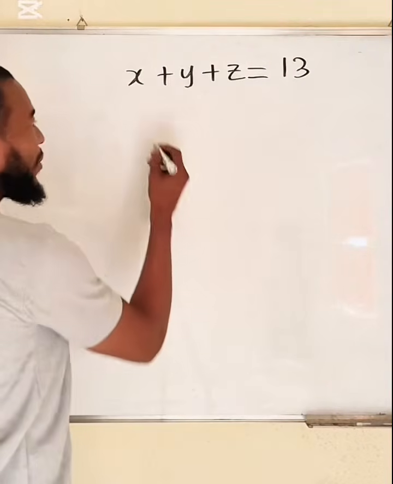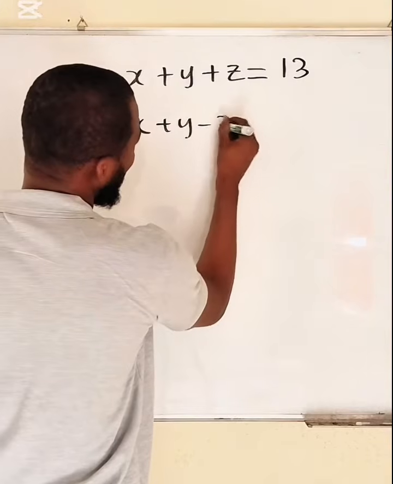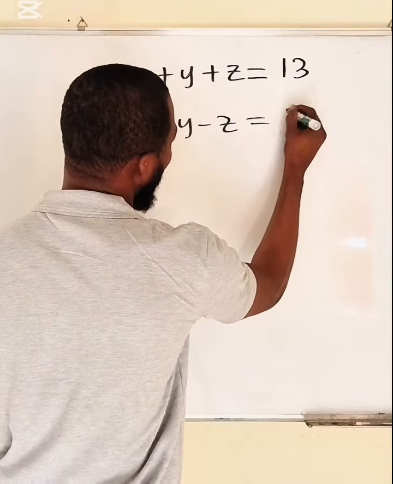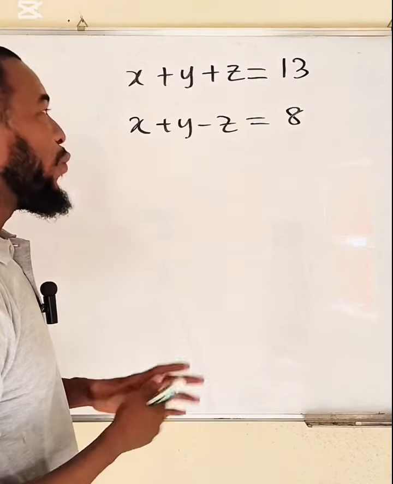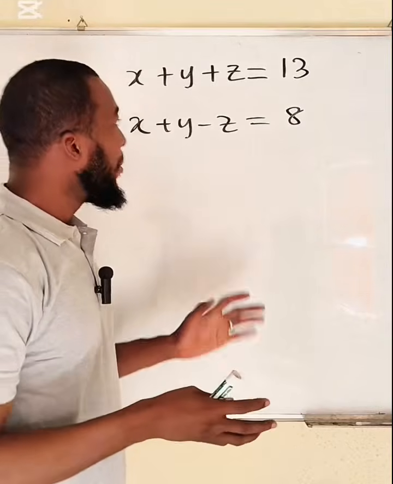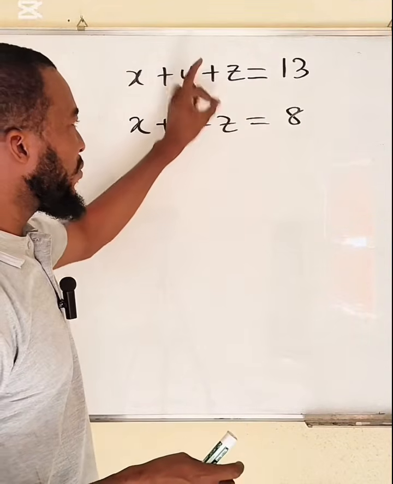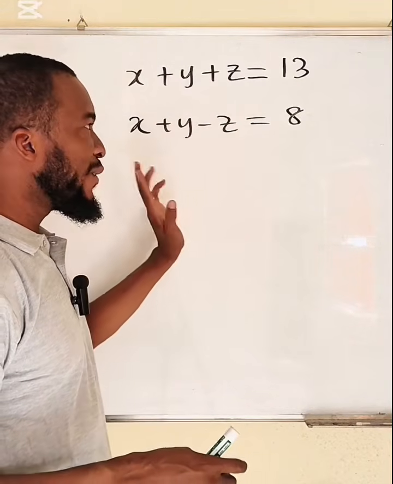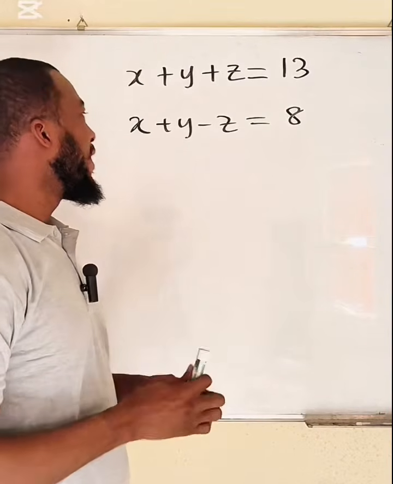But you may see another one like maybe x plus y minus z to be equal to maybe 8. It's just an instance. So in this situation, we have reduced the problem. Why? Because we can simply eliminate this. Once you add these two together, this will go, because z plus negative z will give us 0, but we'll still have 2 other unknown variables to solve.